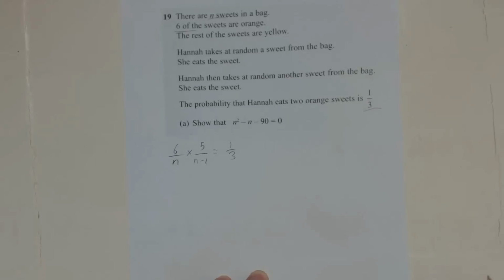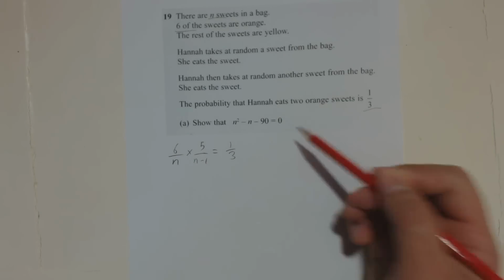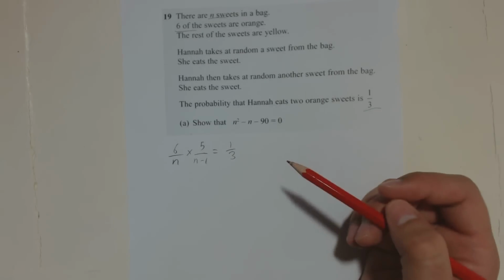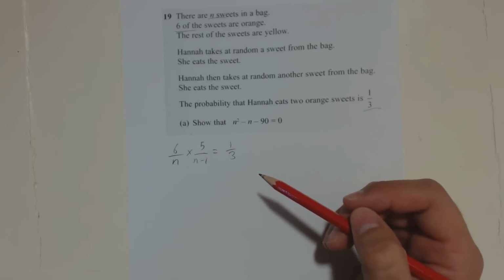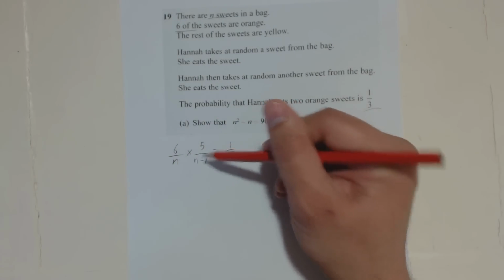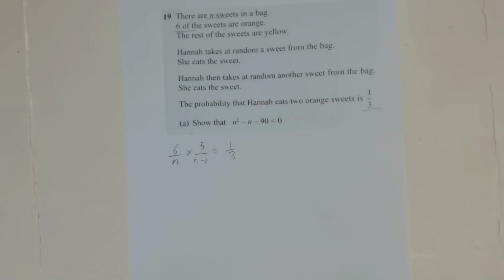So you've written that down, you think, okay, I've got this thing here. Maybe I could make that into n squared minus n minus 90 equals 0. It did seem random, but maybe that's what we're going to do. So what can I do at the moment? Well, let's actually work out what this bit is. Let's simplify it. When you worked out how to multiply fractions, you were doing it in year 7, year 8, year 9.